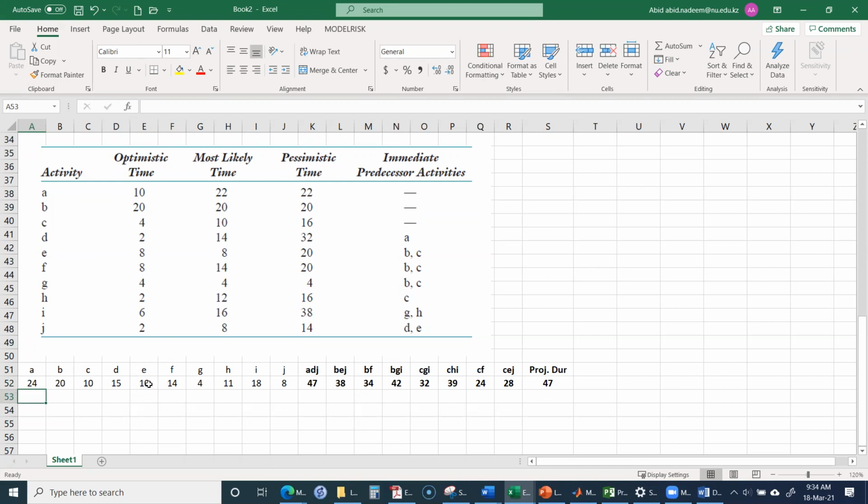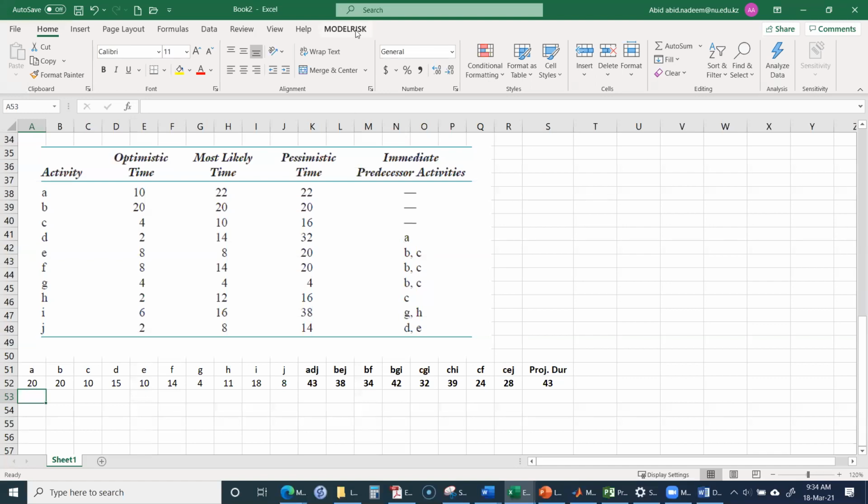And similarly, some other values will also change. Therefore, this data will keep on changing. So, okay, let's put it back to 20.